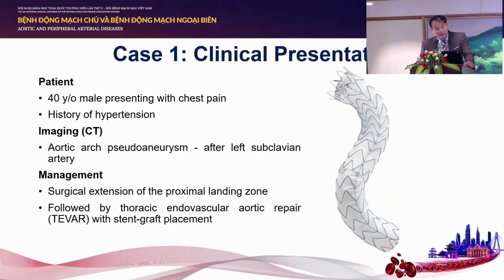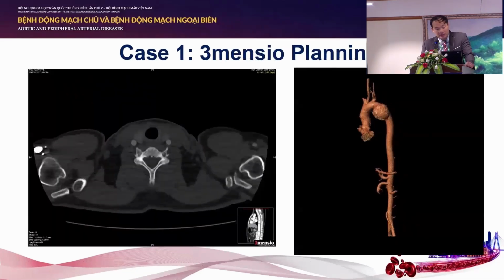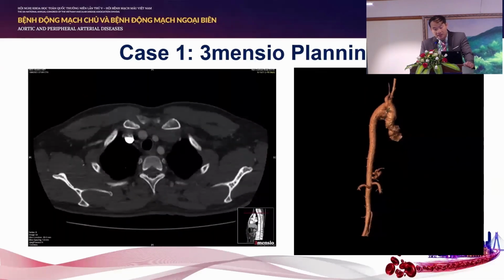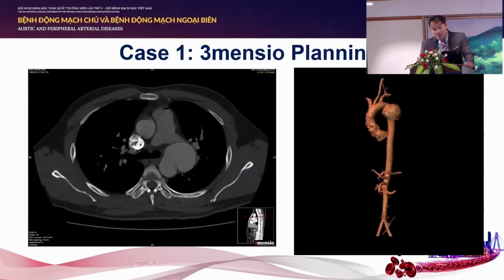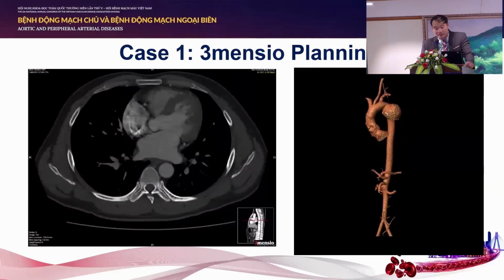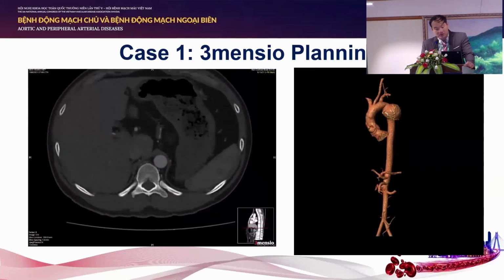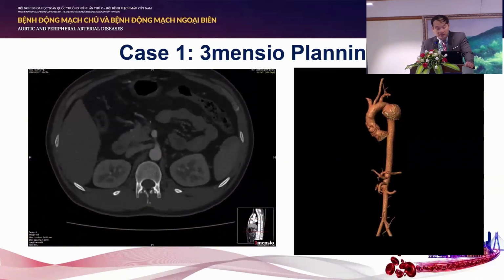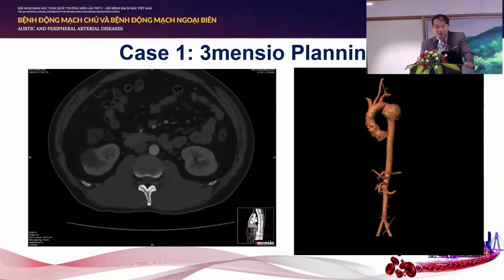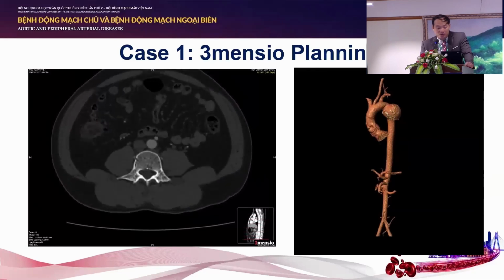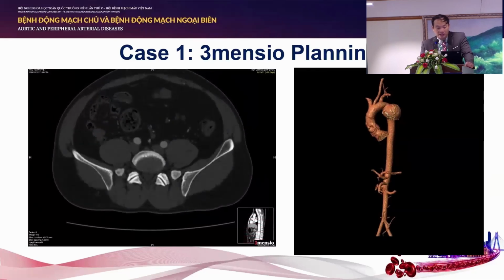I present the first case, a 40-year-old patient presenting with chest pain and a history of hypertension. On CT, we can see a pseudoaneurysm in the descending aorta. For treatment of this case, we use a stent graft combined with surgery to extend the landing zone.